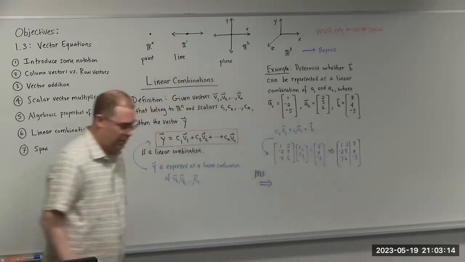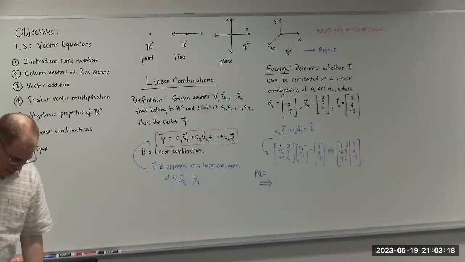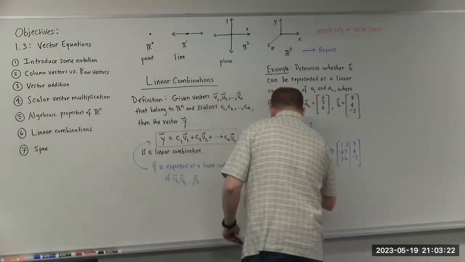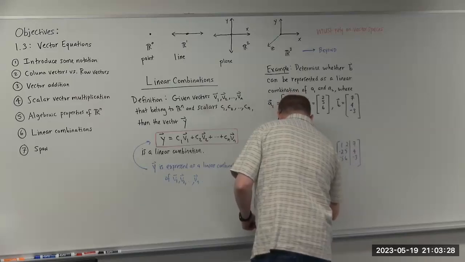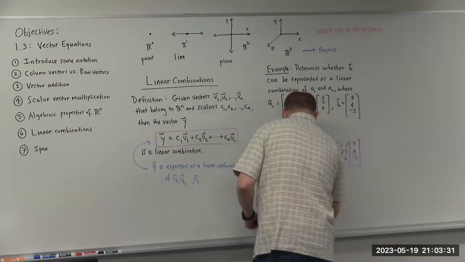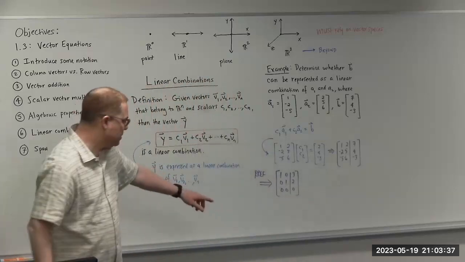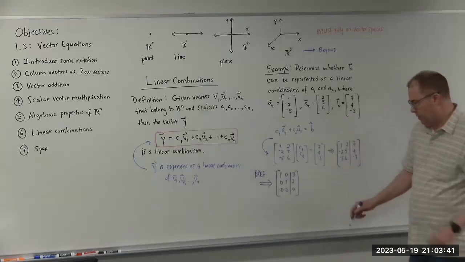Okay, so putting this into reduced row echelon form, we're going to end up getting this. Again, to see those specific row operations, it's in my notes.